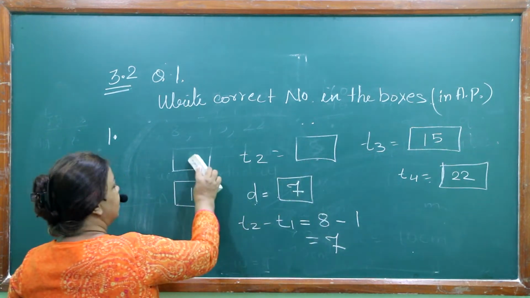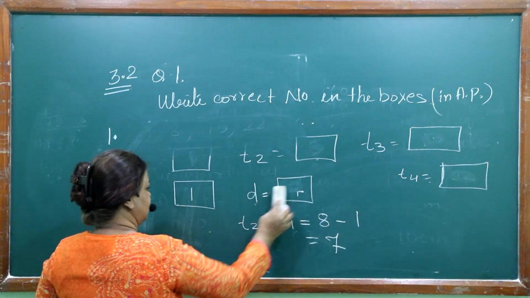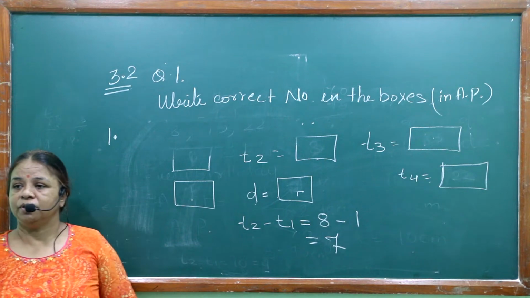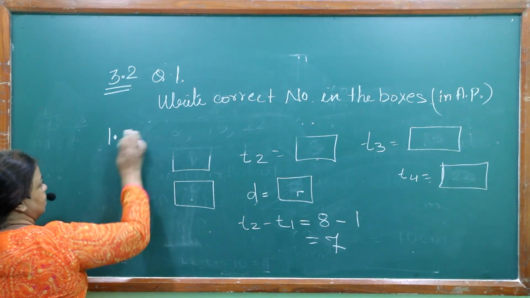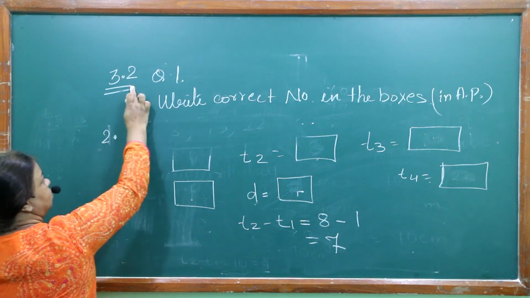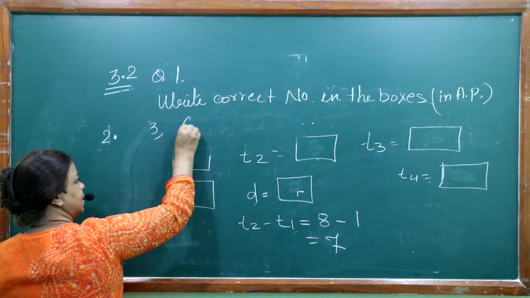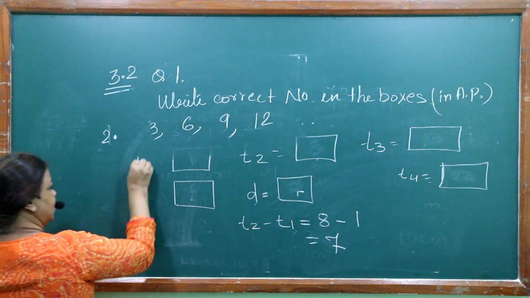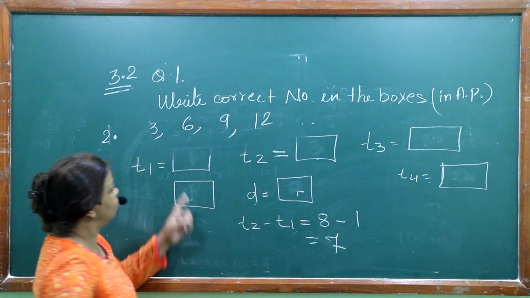Let me rub only the terms inside so that we won't waste our time in writing again and again. Question number 2 is 3, 6, 9, 12. 3.2, question number 1, second question. 3, 6, 9, 12. Yes. This is very simple.